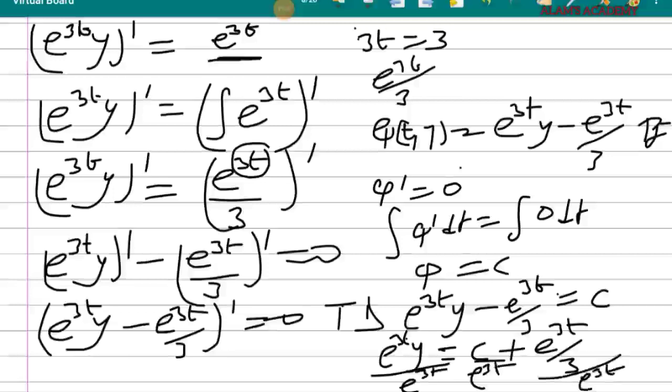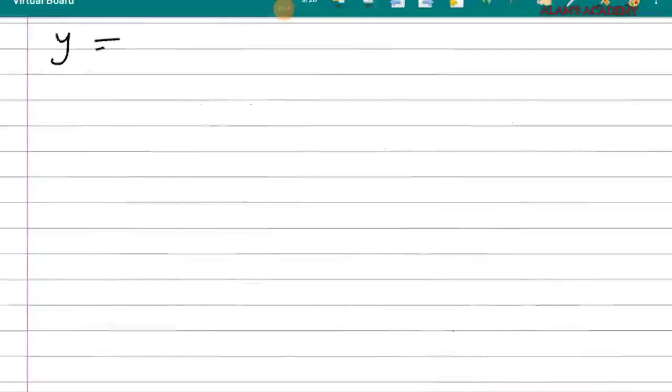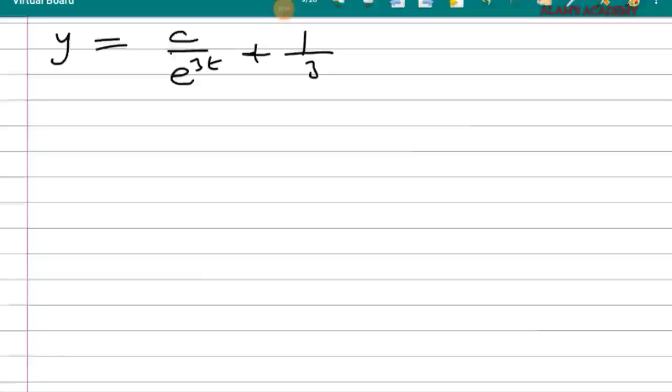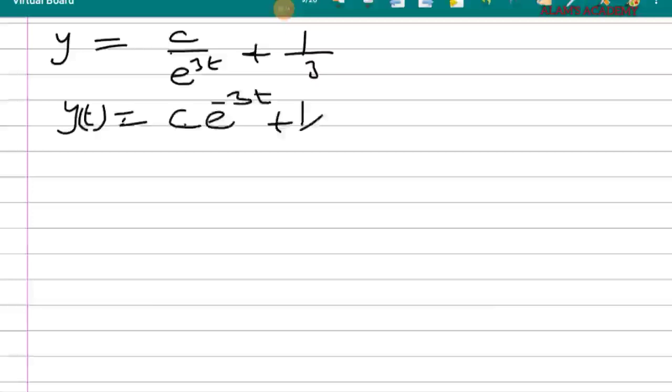Okay, and when you have done that very well, you have y equal to c over e exponent 3t plus 1 over 3, because from here this e is going to go with this, leaving only 1 over 3, and can be rewritten as y of t equal to c e exponent negative 3t plus 1 over 3, which is the general solution we are looking for.